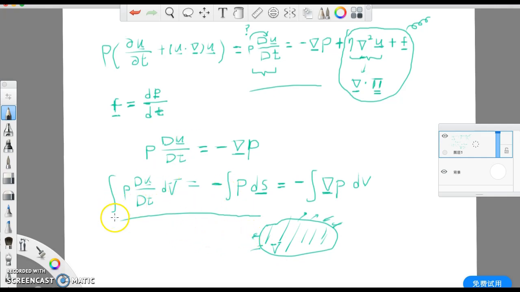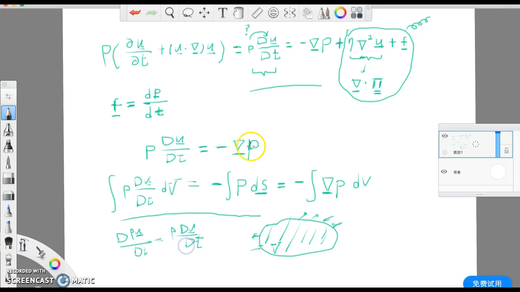But in the lecture you will start with this, and someone may argue that, okay, that's just a simplification when rho is constant, right? When rho is constant, the rho du/dt is rho du/dt.